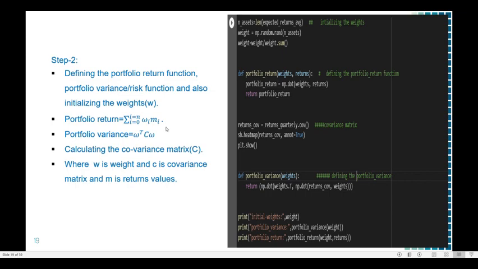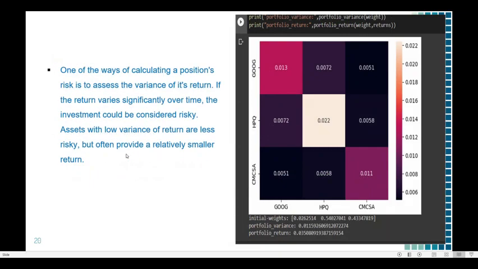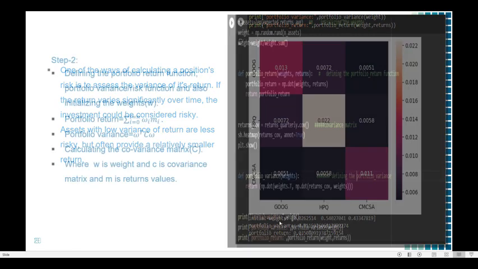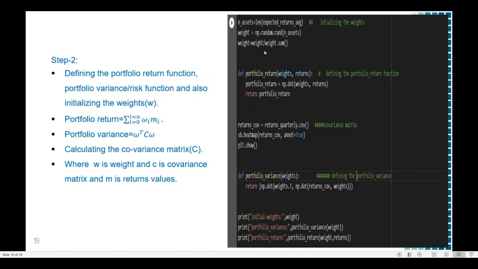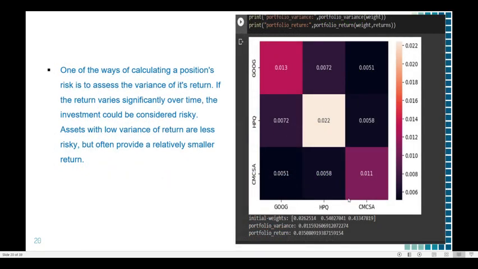So if we calculate that, we get the initial weight. Here the initial weight is randomly generated weights, and for that we get the portfolio variance as 0.013. This heat map is the covariance matrix.